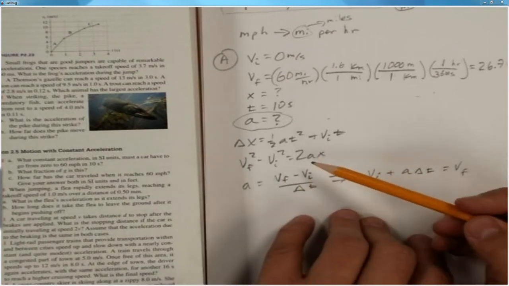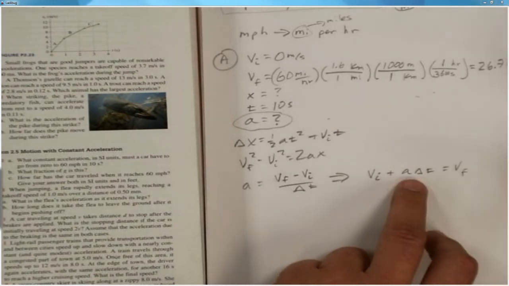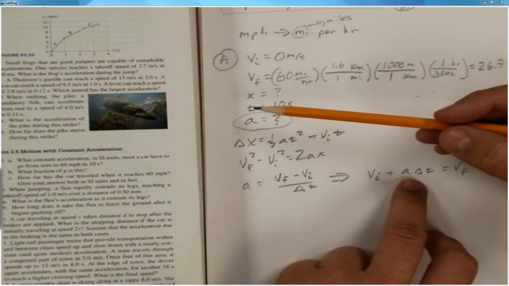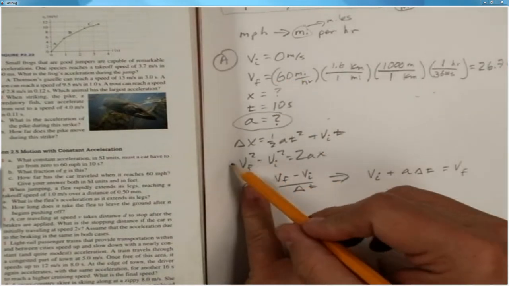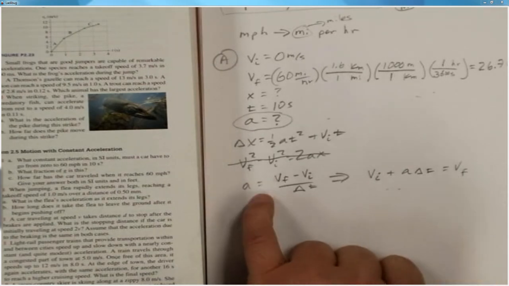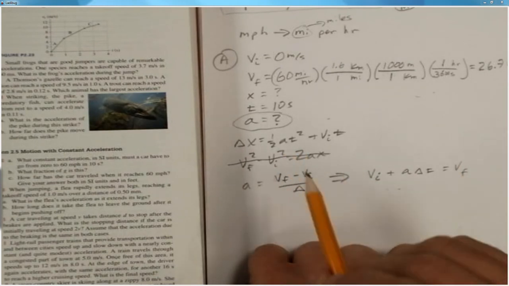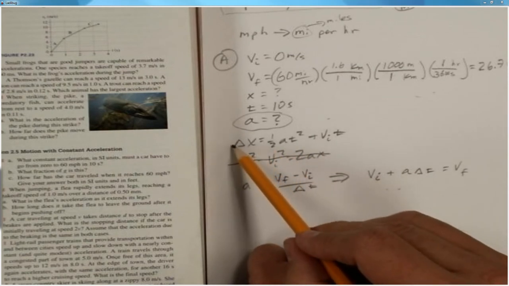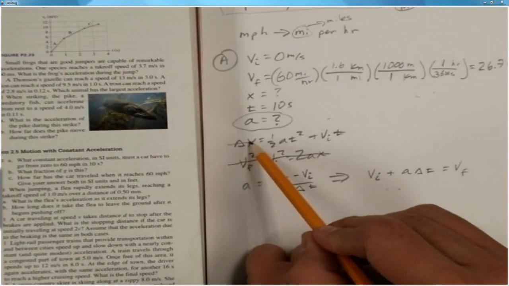So let's look through here. We need to find A. A is in this equation, A is in this equation, A is in this equation. Good, it's in all the equations. I don't have X, so if I don't have X, this one is out. I'm looking for A, and I don't have X, I don't have A, that's two unknowns.